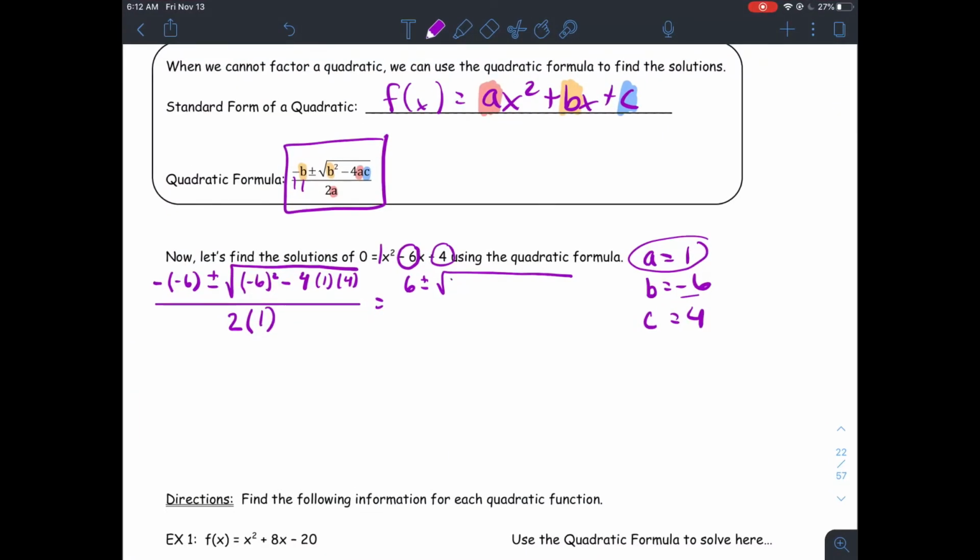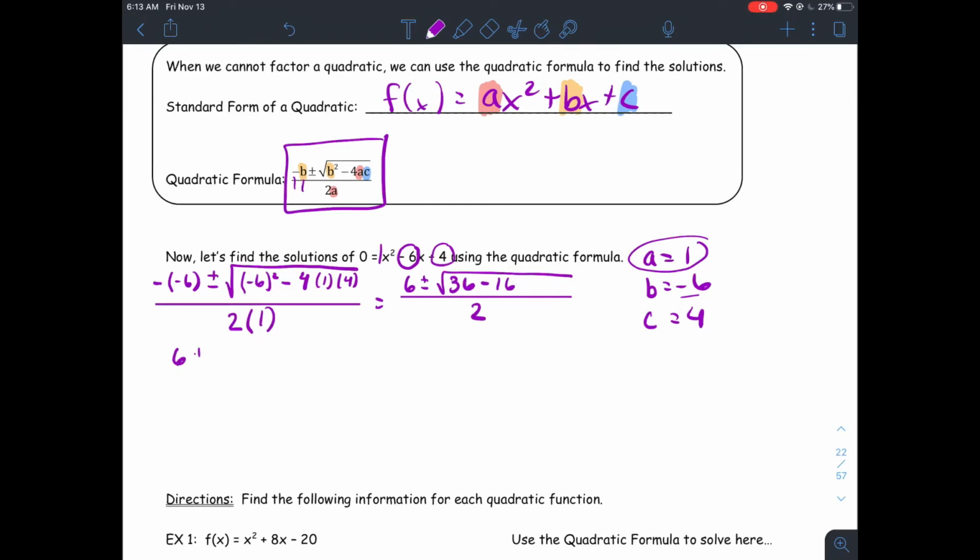So then we get positive 36 minus, and then 4 times 1 times 4 is 16. So we're going to do minus 16 all over, and then that's 2 times 1, which is 2. So we're getting there, guys. Now let's go ahead and continue to simplify.